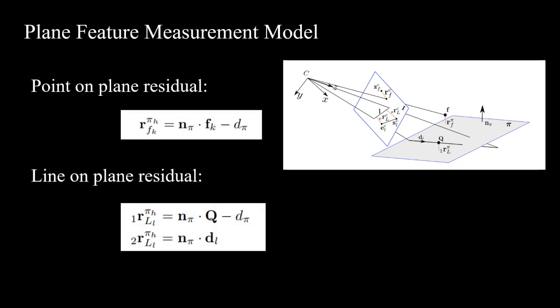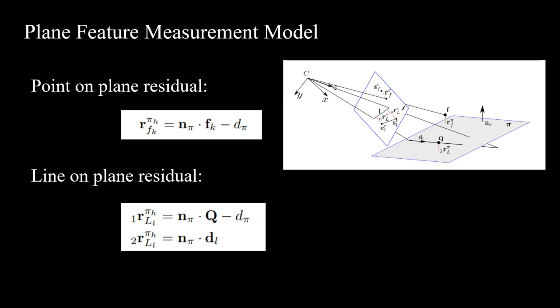For the plane feature measurement model, 3D landmark co-plane constraints are defined by the distance from 3D landmarks to the 3D plane. The point-on-plane residual is the distance of the 3D point to the plane. Line features are a little more complicated than points. A line on a plane can provide information from two aspects.